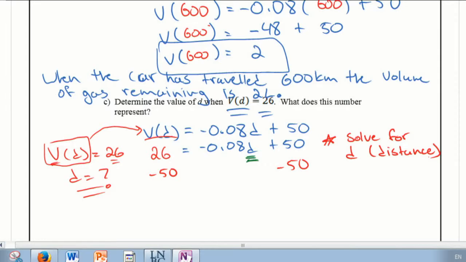All right, 26 minus 50 gives me negative 24 is equal to negative 0.08 times D. And then I'm going to divide both sides by negative 0.08. If I do it to the right, I have to do it to the left.